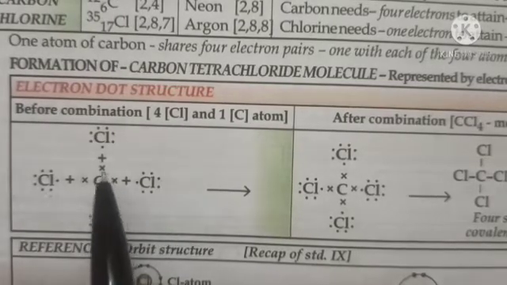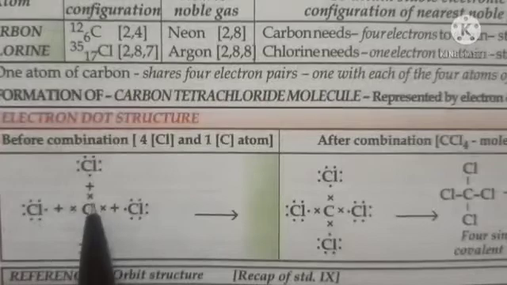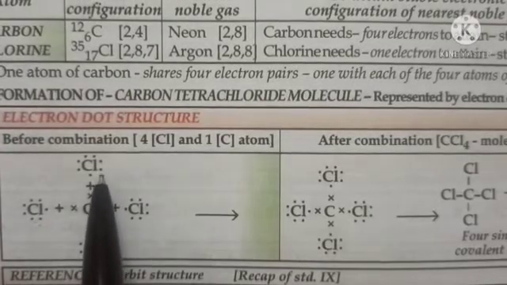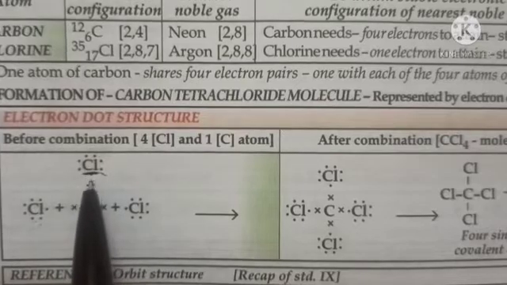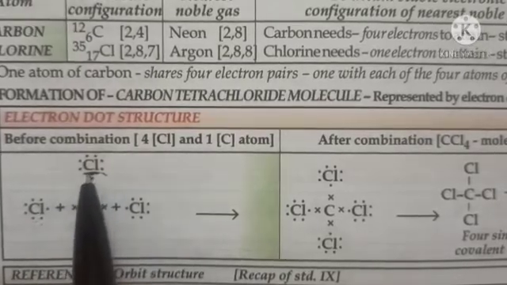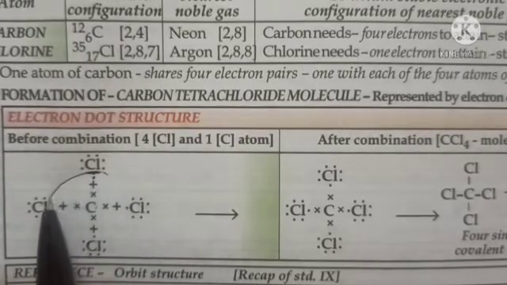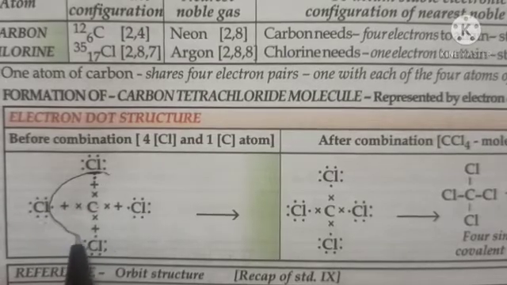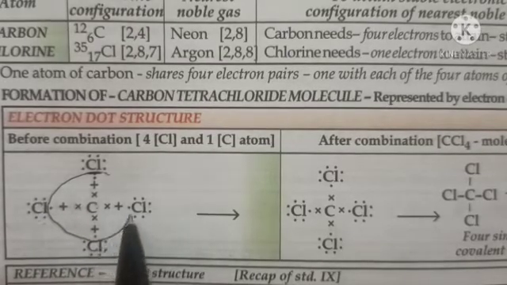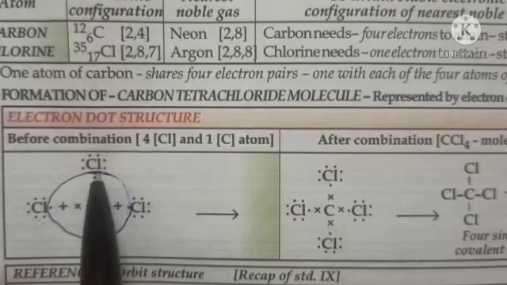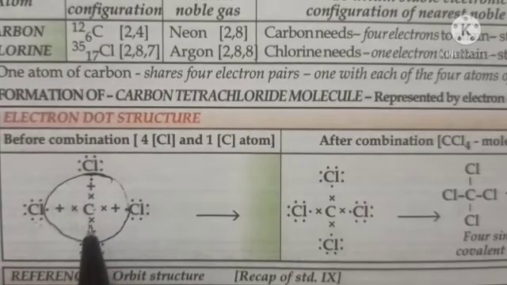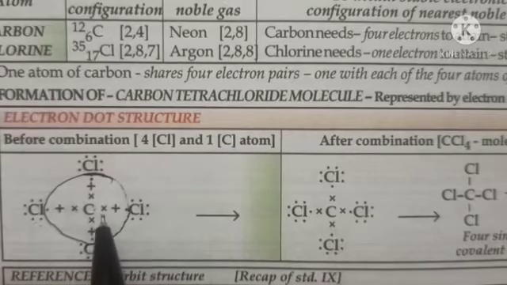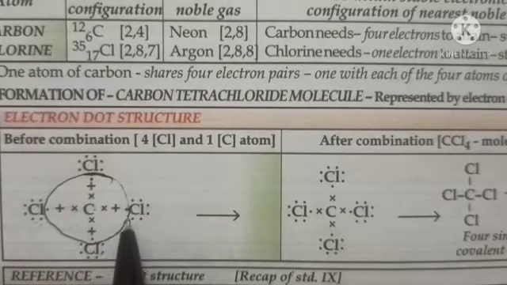So what happened? This carbon shares with these 4 electrons, right? 1 each of the 4 atoms of chlorine, right?